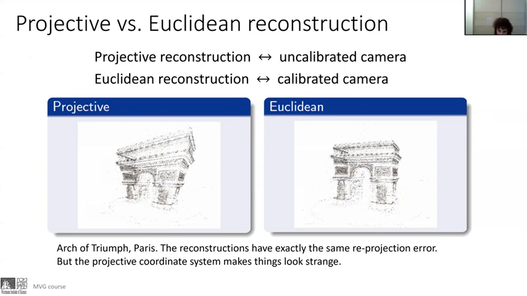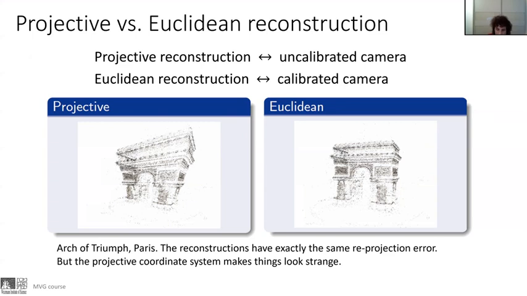What does it mean that they have the same loss? Because the projective one looks bad, so I guess it's a bad result. Okay, there is something called reprojection error. Given the cameras and the 3D points that you calculated, you measure how close your algorithm's calculation is to the point that you see in the image, the correspondence that you see in the image.